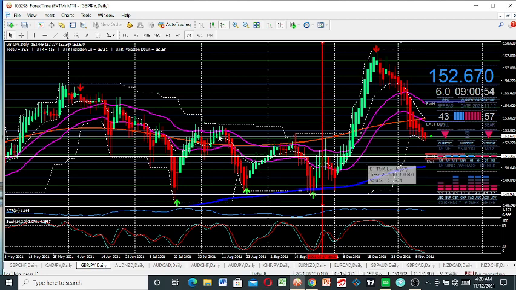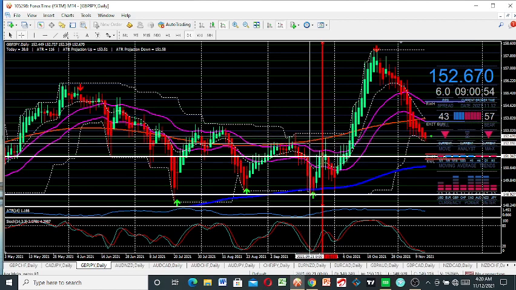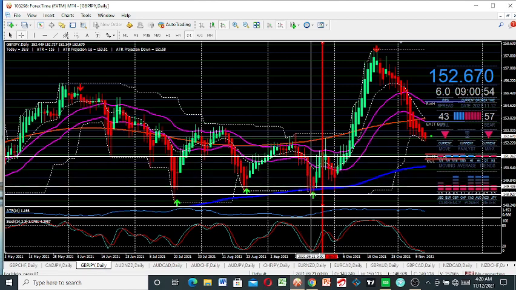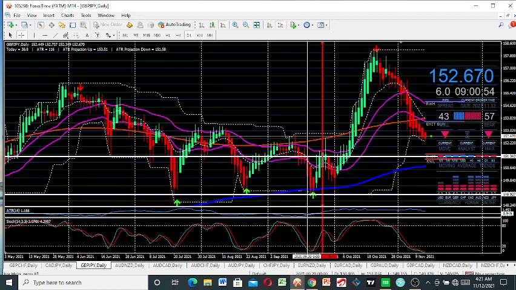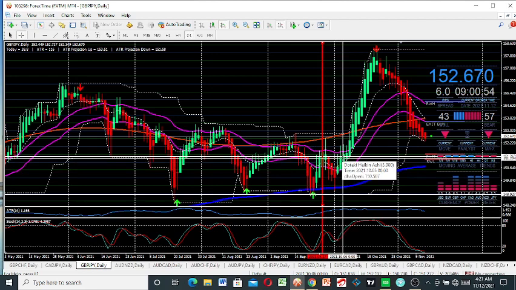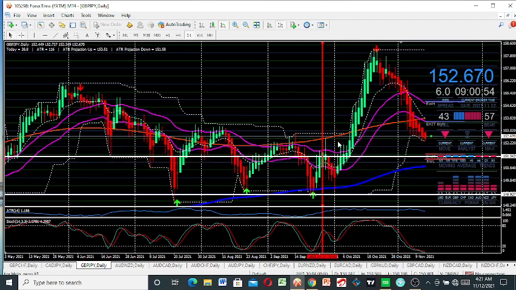The next thing we do, we take our cursor, hover it on the first candlestick that hit that level, which is this one, to touch the ATR. The value of the candlestick is 0.847. Then subtract it from this level. That will give you the stop loss. So that is a market in a buy mode.